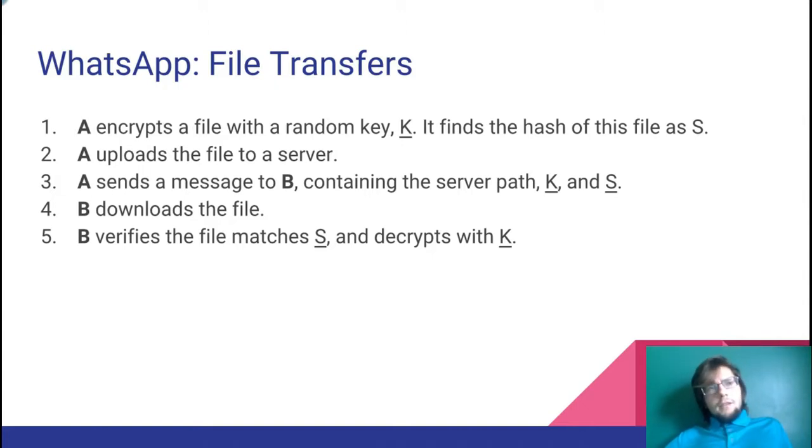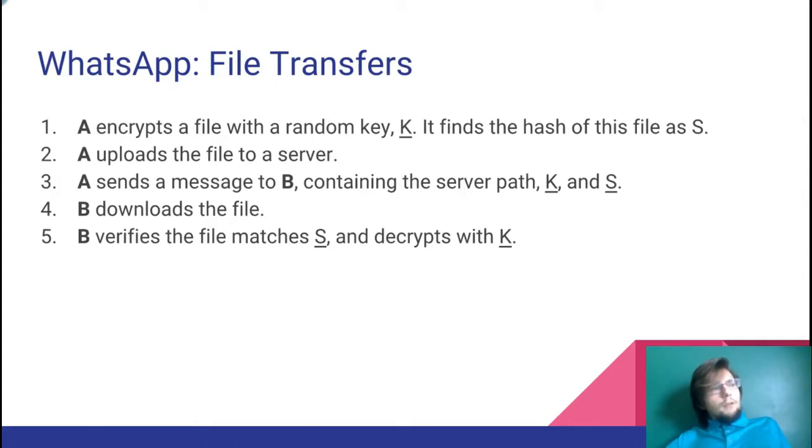Because this message is being encrypted with a shared secret that no one else is going to have, we can trust that no one else is going to be able to read the message. No one else is going to be able to see what the random shared secret K is, or the hash S. So only B will be able to read this message.